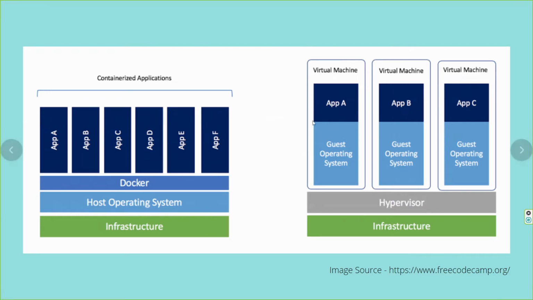So let's talk about Docker here. With Docker, you can see only one host operating system. You know that in your local machine or personal machine, you have CPU, RAM, and storage hardware. In the same way, in the infrastructure, the virtual machines are using resources.